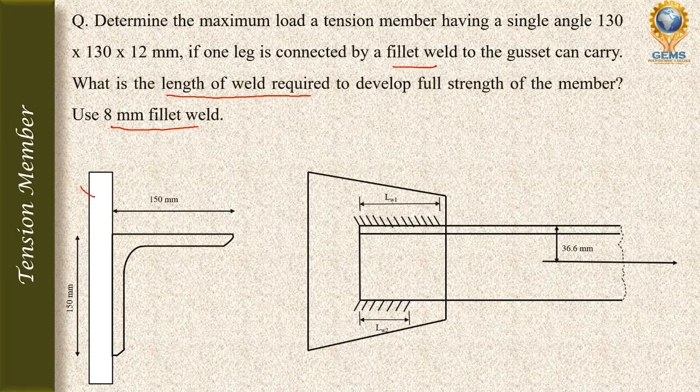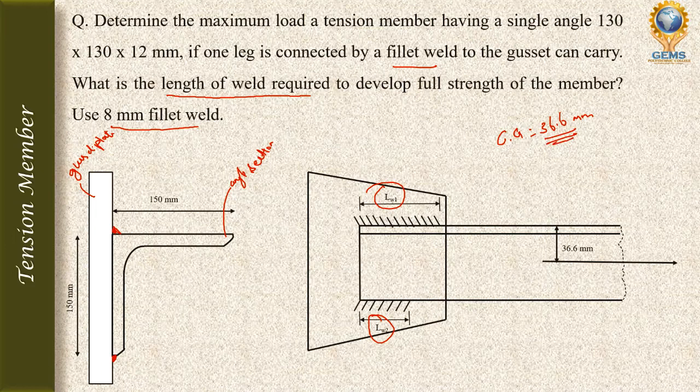See, this is the gusset plate and we have an angle section. These angle sections are connected by fillet weld on top and bottom. So this is the section. We have LW1 and LW2, and for this 130 by 130 by 12 mm, the CG lies at 36.6 mm.